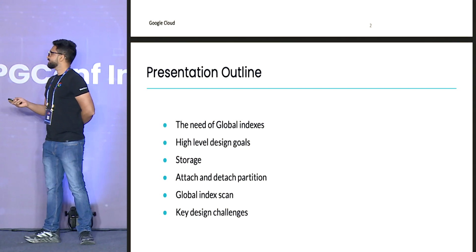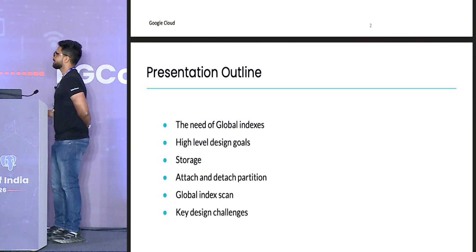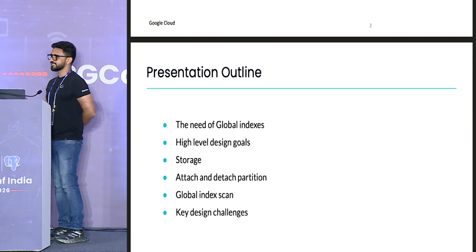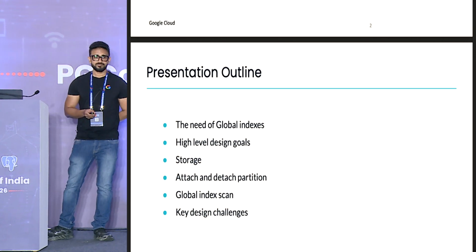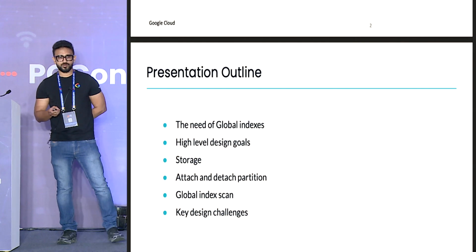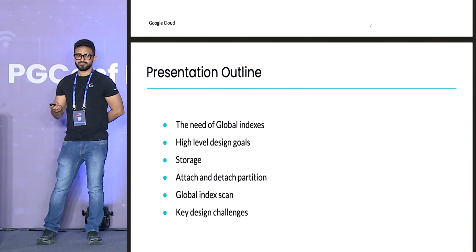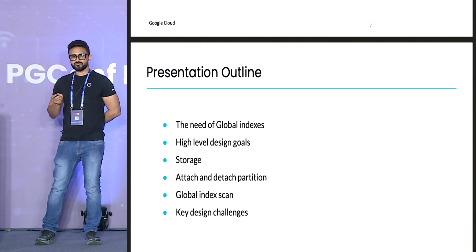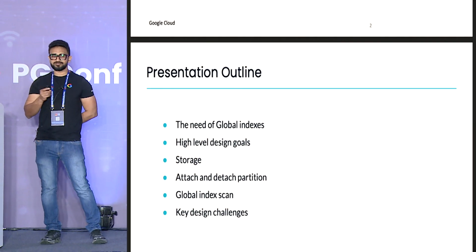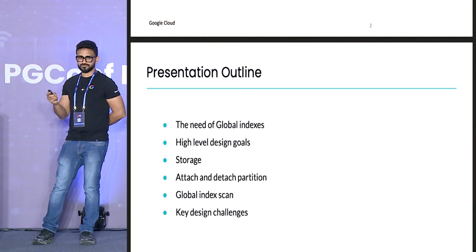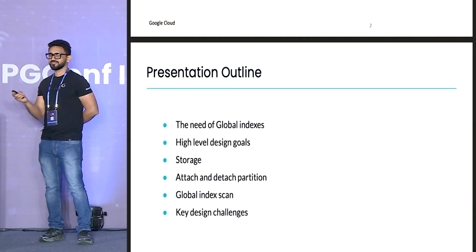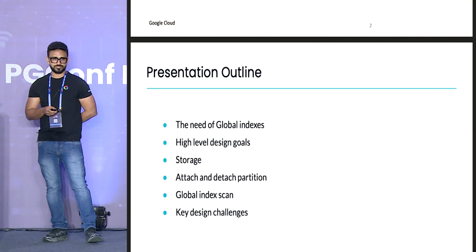Okay, this is going to be the agenda of my talk today. First, we'll start with why we need global indexes. Then we'll talk about the high-level design goals. Most of the design we'll discuss will be based on the design goals we have decided, and I'll also talk about why we have chosen those design goals.